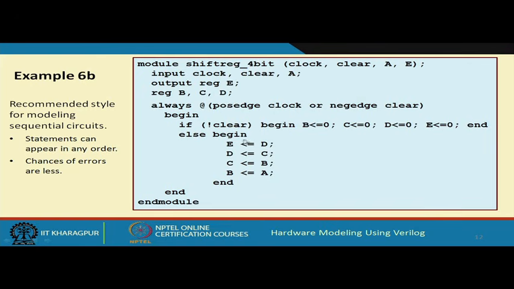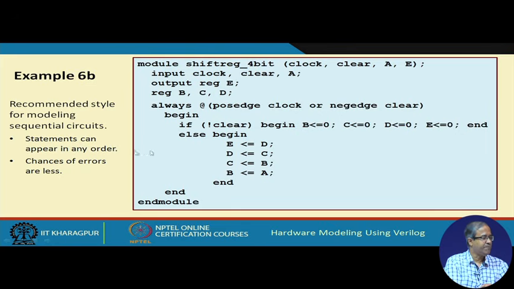So, the shifting will happen. It will not matter in which order you write those statements in the block. So, here if you are using non-blocking statements, the statements can appear in any order, still it will be a shift register.